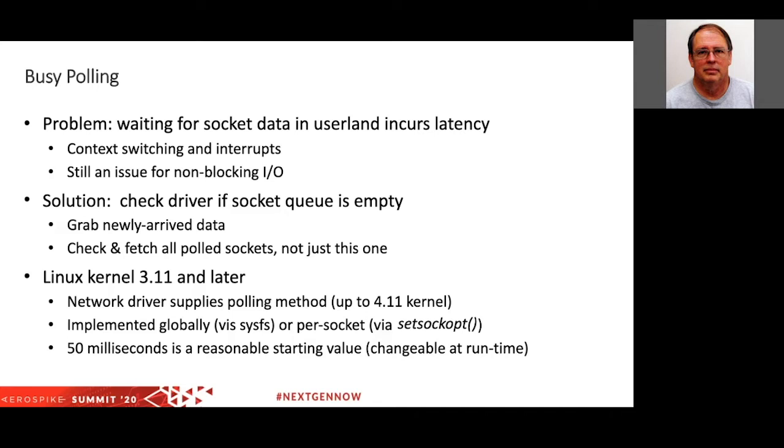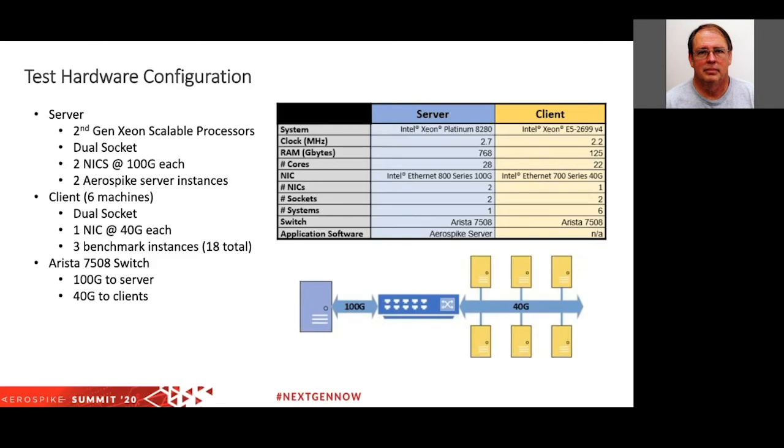So now when the application is getting socket data, that kernel time has already happened in the background. So again, you get reduced latency. You are burning some CPU to do this, so this is not on by default. We have found empirically 50 milliseconds is a pretty reasonable interval.